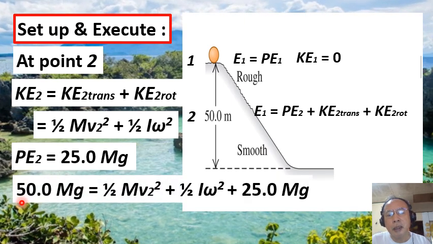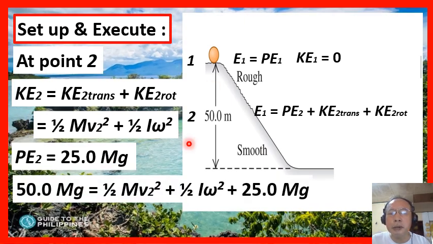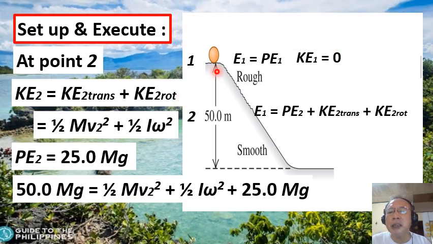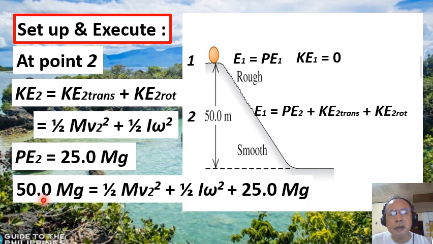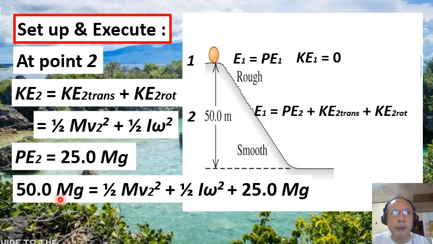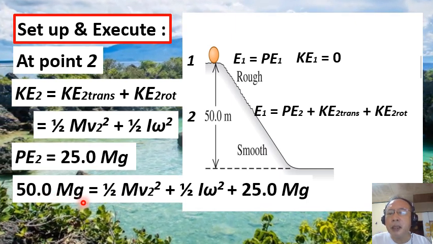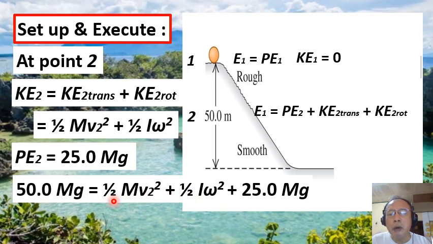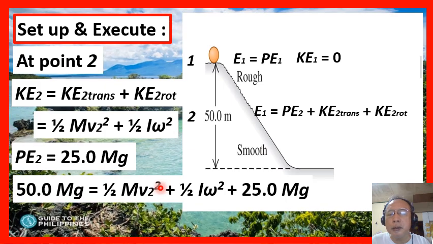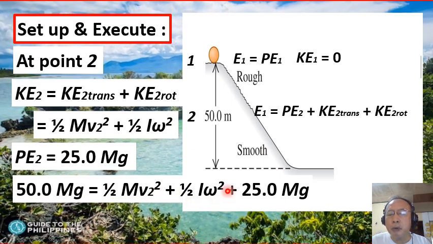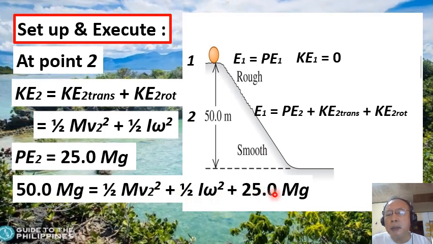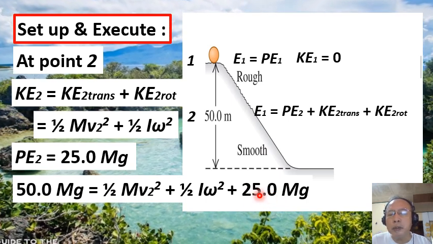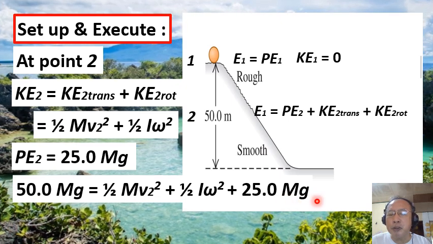The total mechanical energy of the boulder, which is simply equal to its potential energy when it started at level 1, which is, of course, 50.0 times capital Mg, we equate that to the sum of the kinetic energies, 1 half capital M v sub 2 squared, and 1 half capital I omega squared, and the potential energy of the boulder when it is at level 2, which amounts to 25.0 capital Mg.